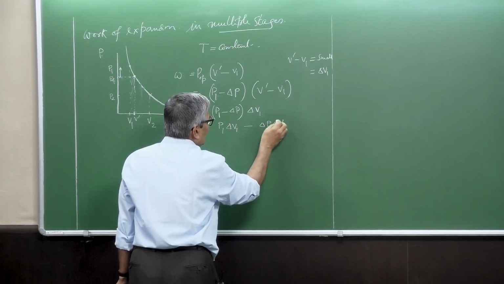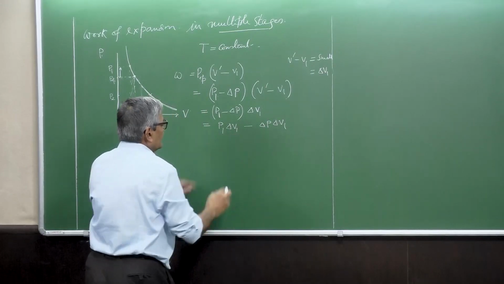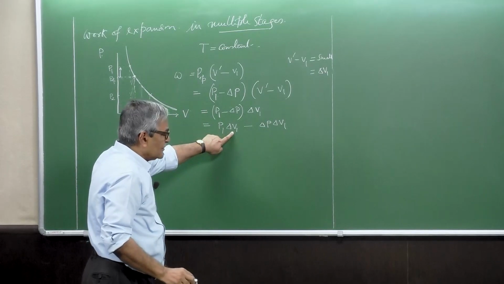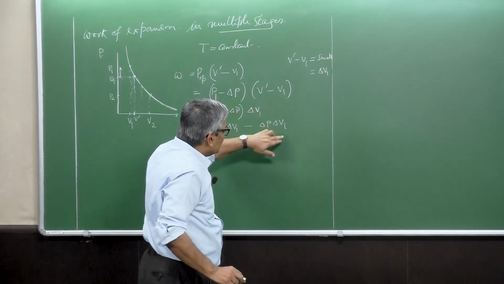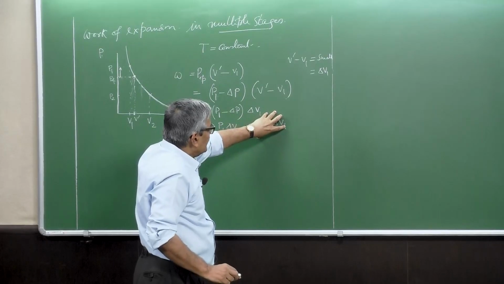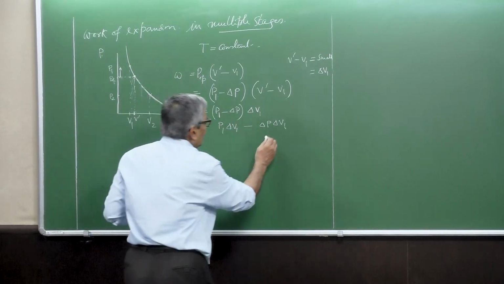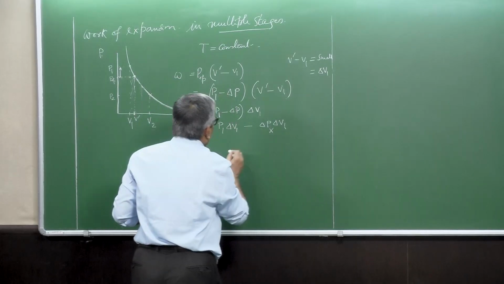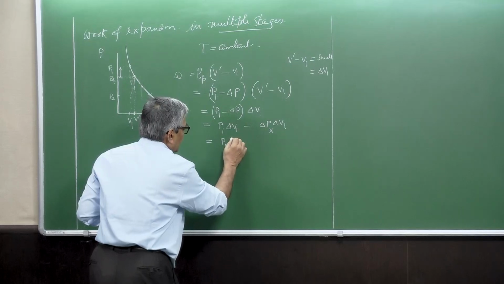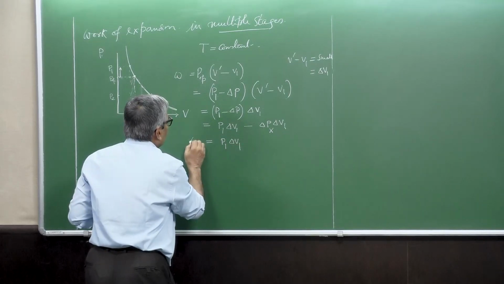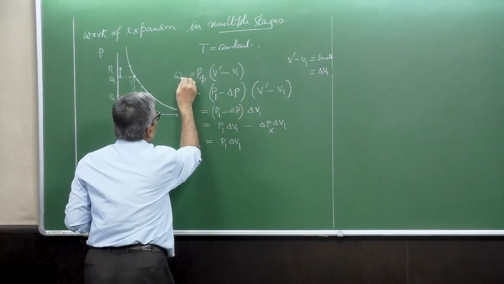Now this is a quantity which is an order of magnitude lower than the other quantity, a change in pressure times a change in volume, much smaller compared to P1 delta V1. So I can neglect it and write P1 delta V1, and that is my W for the first stage.